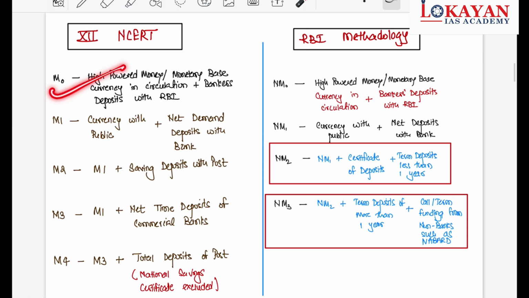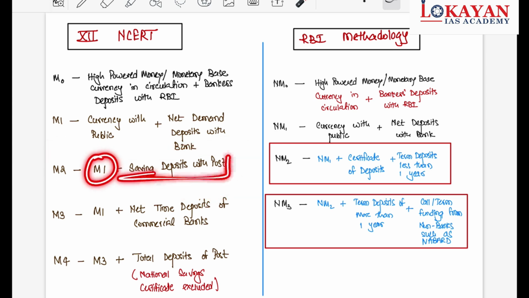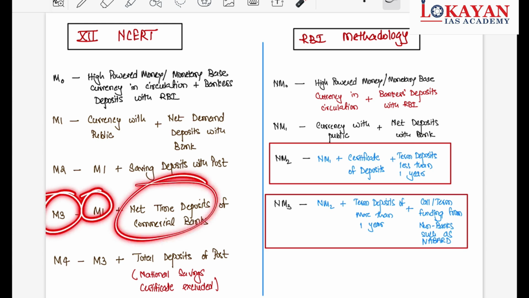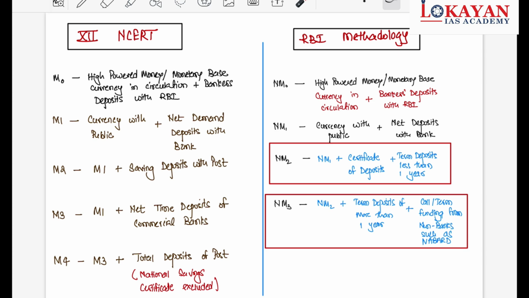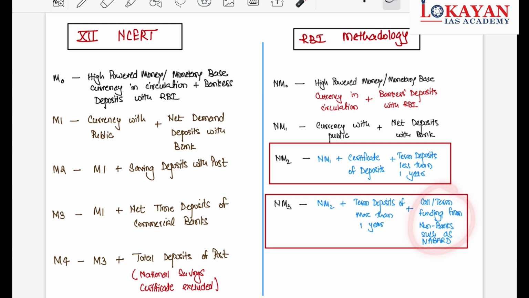M0 and NM0 are the same, M1 and NM1 are the same. The difference is here. M2 is M1 plus saving deposits with post office, but NM2 is NM1 plus certificates of deposit and term deposits of less than 1 year. M3 is M1 plus net time deposits with commercial banks, and NM3 is NM2 plus term deposits of more than 1 year, called term money.